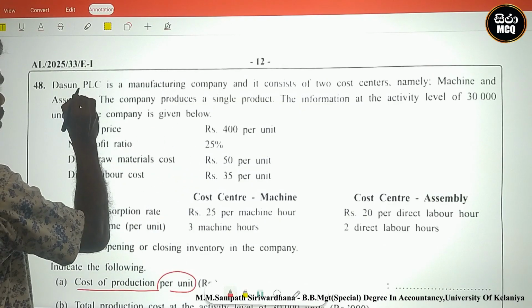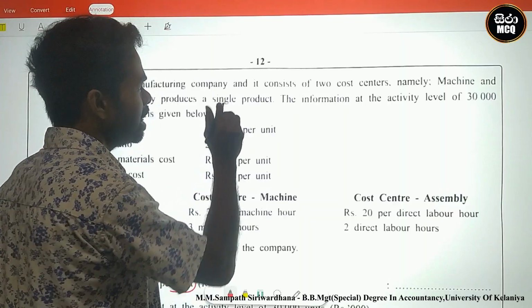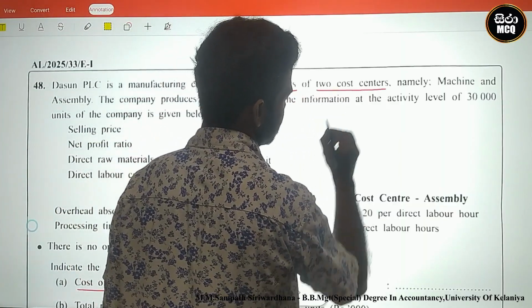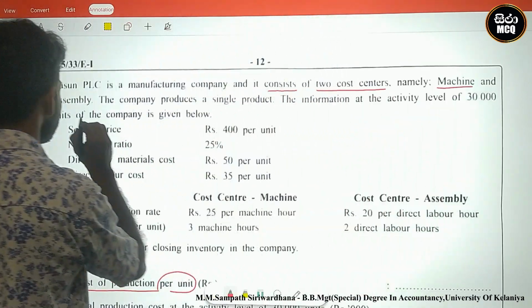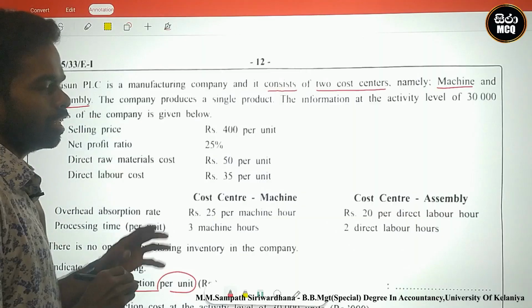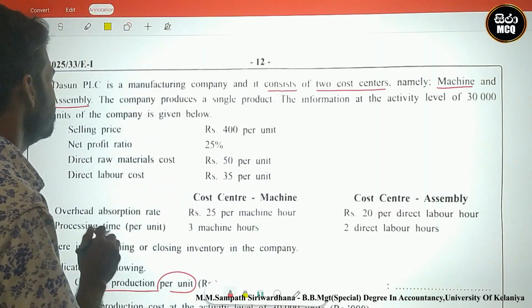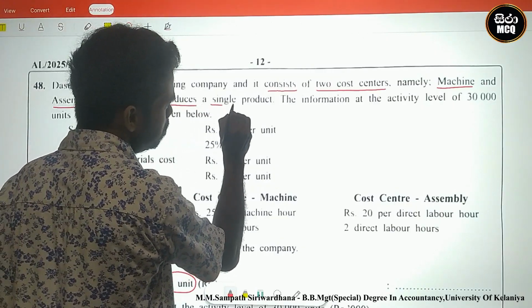Dasun PLC is a manufacturing company, and it consists of two cost centers, namely machine and assembly. The company produces a single product.